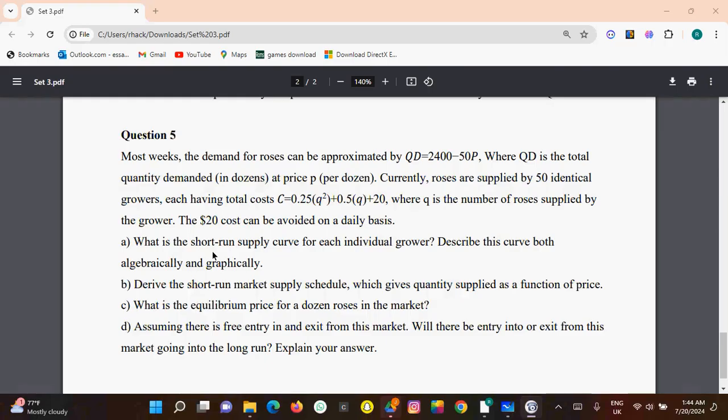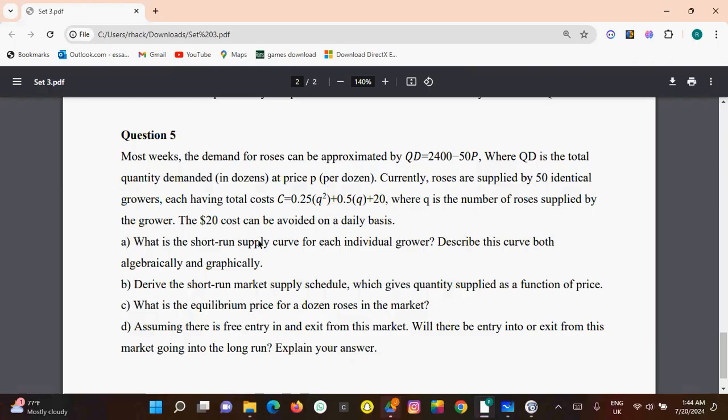Explain the answer. If you look at this, they are telling us that currently roses are being supplied by 50 identical growers in a perfect competition market.